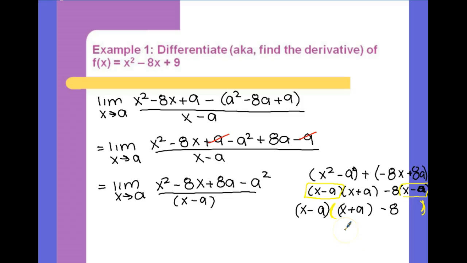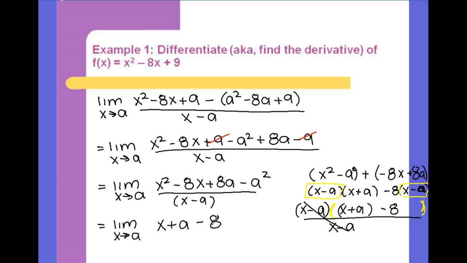Again, you could distribute it back in. Then they cancel, and those two cancel. So now you don't have the a in the denominator as an issue. You get the limit as x approaches a of x plus a minus 8.